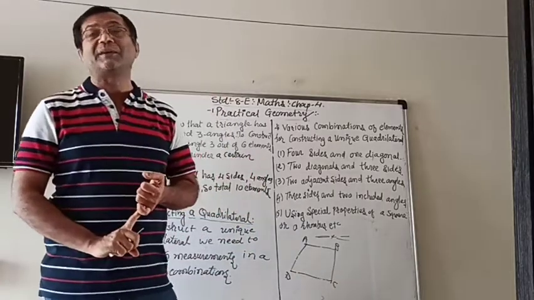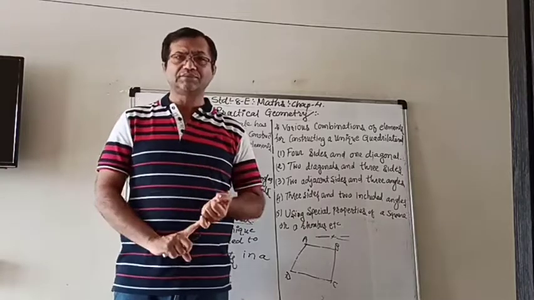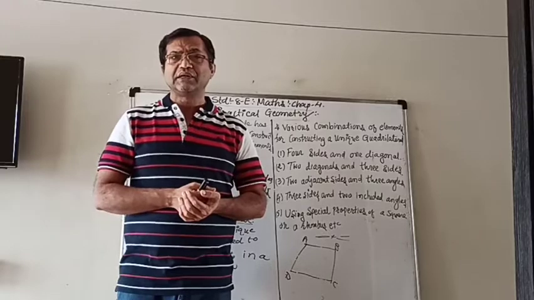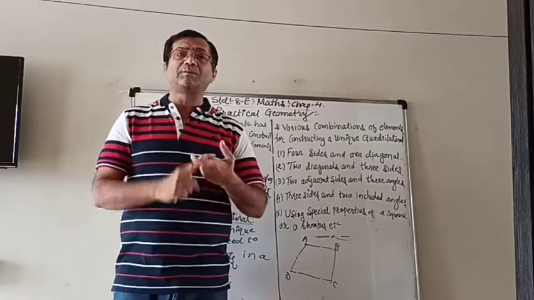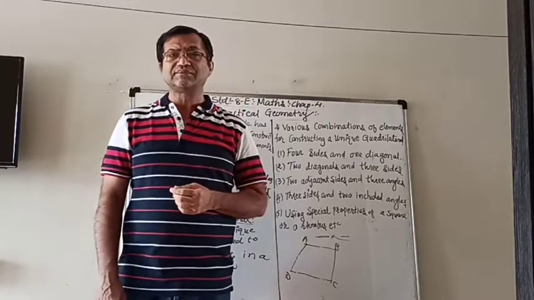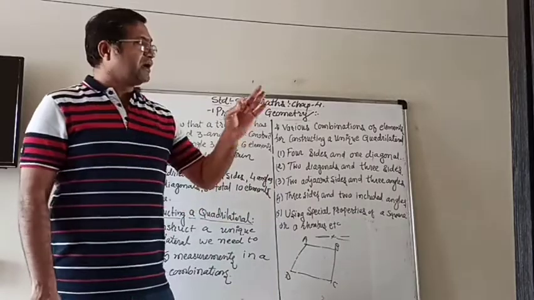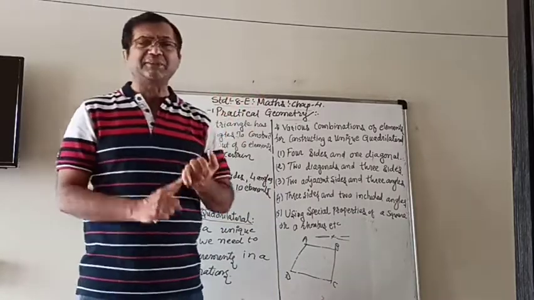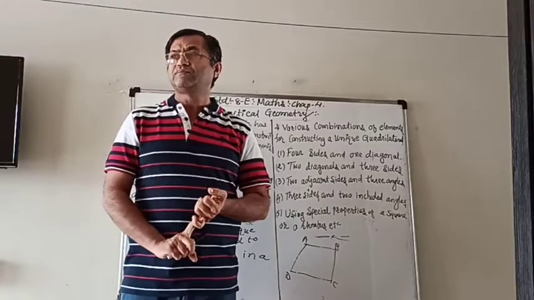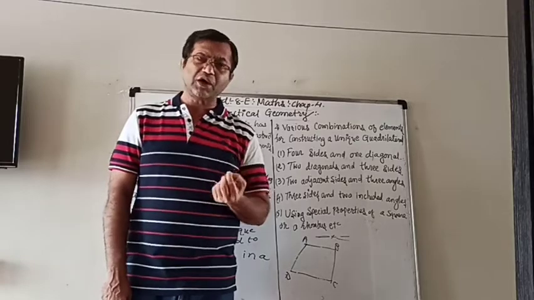The next thing is your pencils. Pencils must be sharpened. If your point is very blunt, it will not give you a perfect quadrilateral. There will be some errors, and you will lose marks. As I told you, keep it clean. So keep your pencil sharpened, and probably keep two pencils. Two pencils for what?